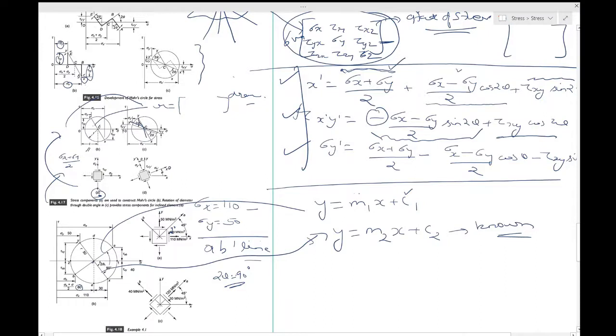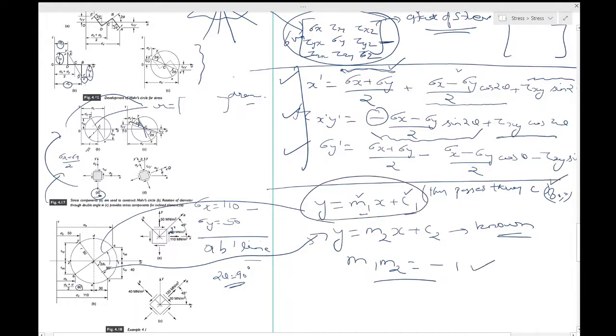This is unknown, m1 and c1 are not known, but there is definitely something known, that this passes through C, which is the center of this circle, and that is actually (80, 0). So one unknown will be solved out of this, so you require one more condition, and that condition will come from the fact that these two lines are aligned at 90 degrees from each other. So m1 into m2 should be equal to -1.